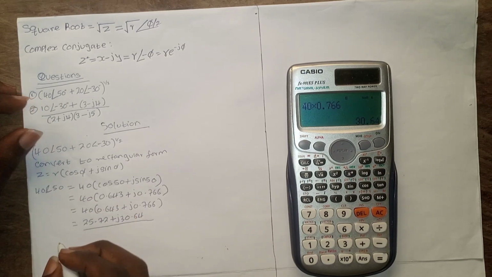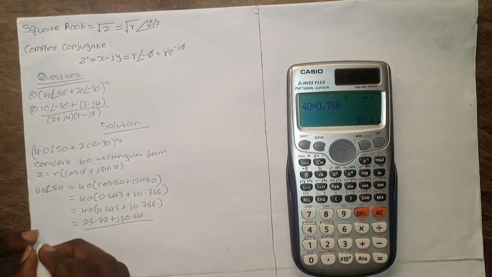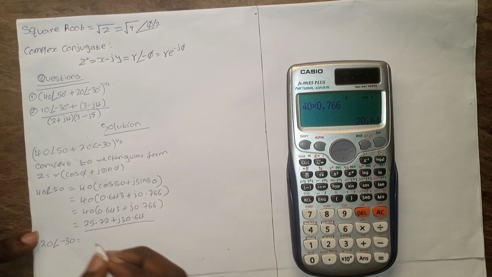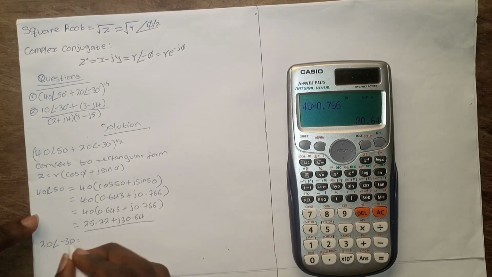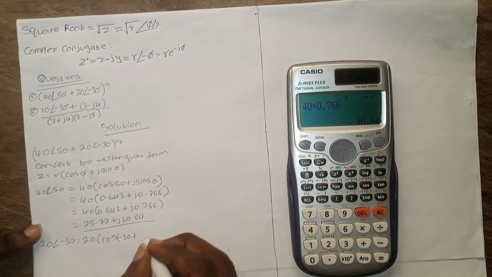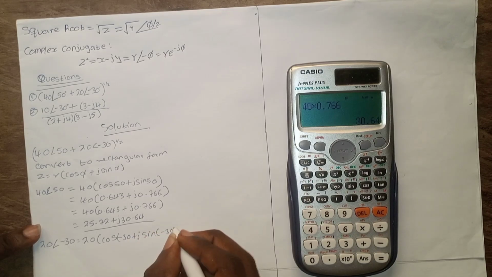Then the second one, that is 20 angle minus 30. We're going to do it the same way. That will be 20 into cos minus 30 plus j sine minus 30.